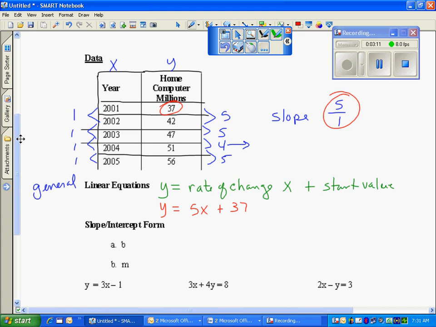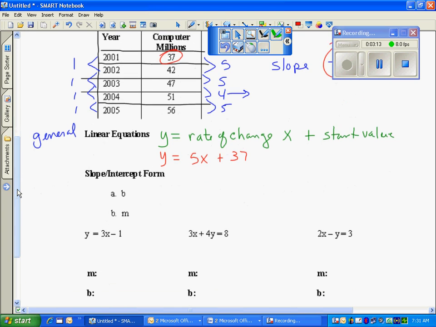In general, we have what we call slope-intercept form. We call it this form because my slope, the rate of change, is located in this position, and my y-intercept, or my start value, is located in the second position. So b is going to be called my y-intercept.